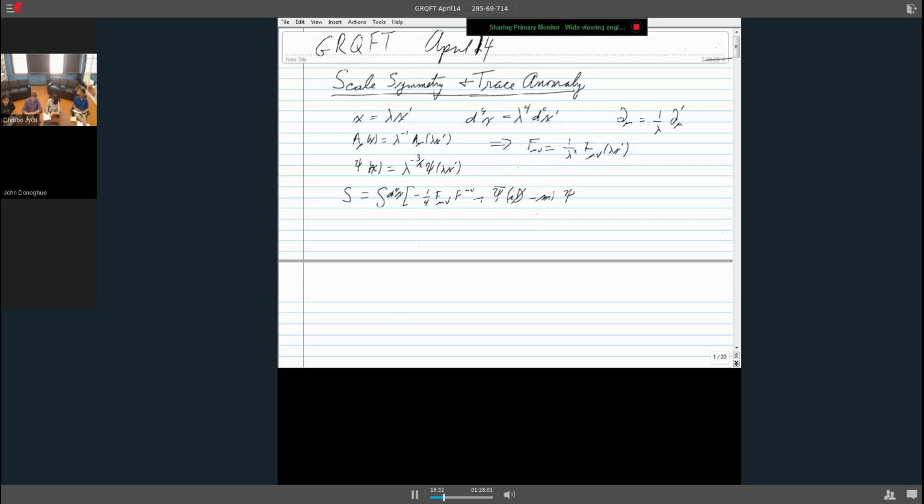And so if you have something like QED or QCD, you have an action which is the integral d4x minus a quarter F mu nu squared, plus, let's take a generic fermion.